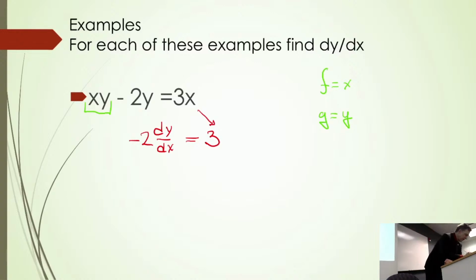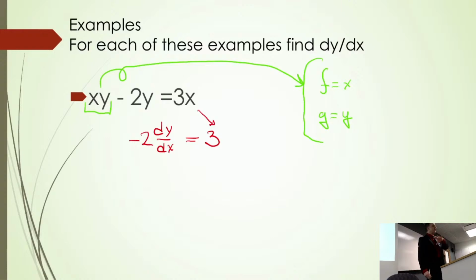So I'm going to do my work over there, and then I'll put the answer down there where it belongs. Okay, so f is x. Elena, what's the derivative of x? 1. Okay, that was easy enough. Very nice. Allie, what's the derivative of y? 1. And since I just did the derivative of y, what do I have to add to that?